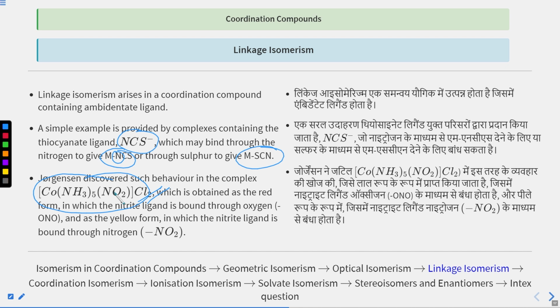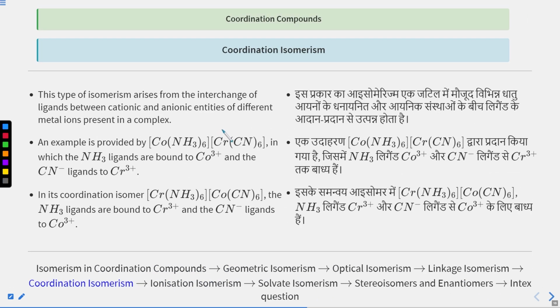In the first case, the Co will be attached directly to the N, and in the second case, Co will be attached directly to the O of the NO2. So two structures are possible. This linkage isomerism was recognized by Jorgensen, in which we obtained a red form. In the red form, the ONO structure was there, meaning oxygen was chelating, whereas in the yellow form, N was chelating. Clear?